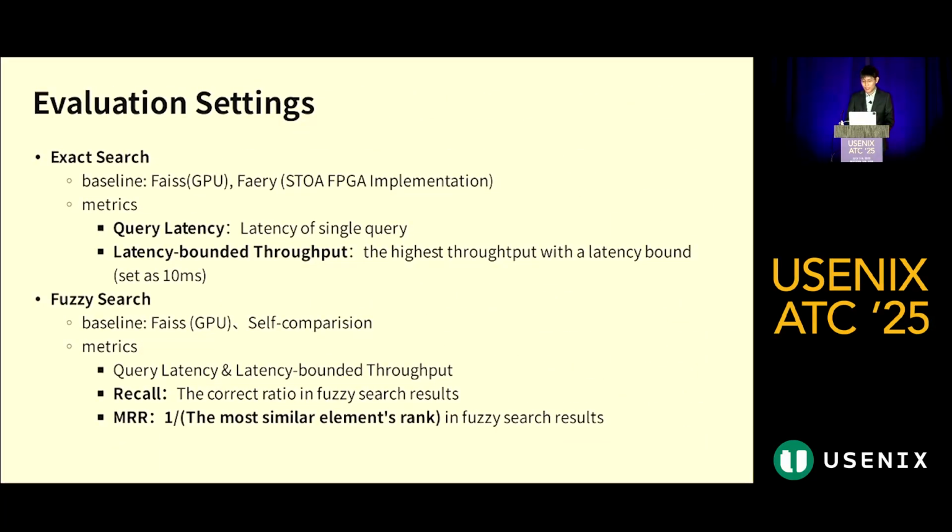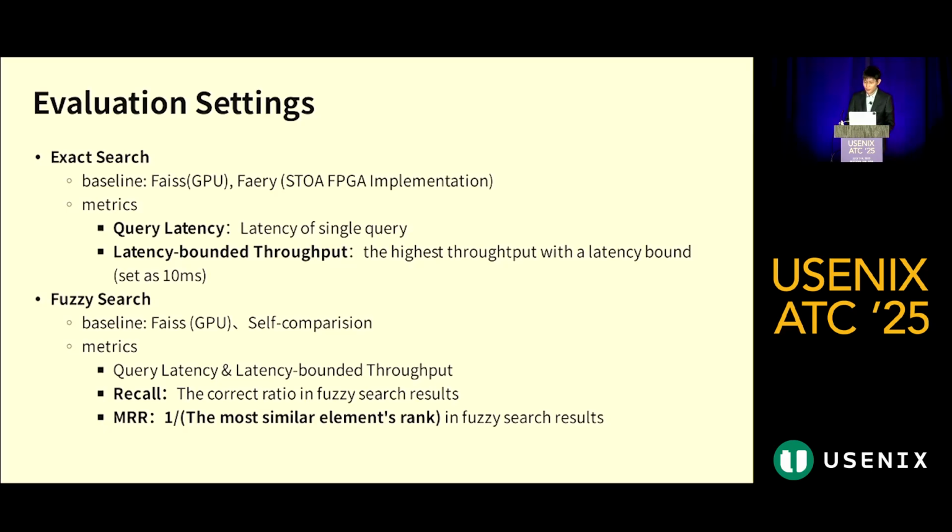SNARY was evaluated against FACE, which runs on a GPU, and Fairy, which is the state-of-the-art FPGA-based system. The metrics used here were query latency, which means the latency of a single query, and the latency-bounded throughput, which means the highest throughput with the latency bound set to 10 milliseconds, as it's a crucial metric for most recommendation applications.